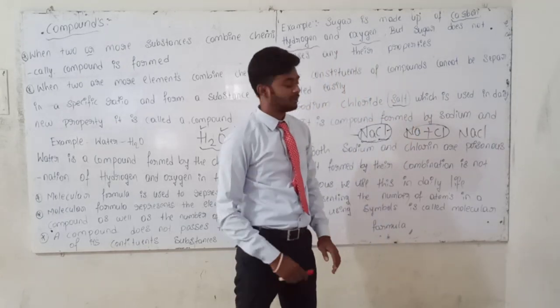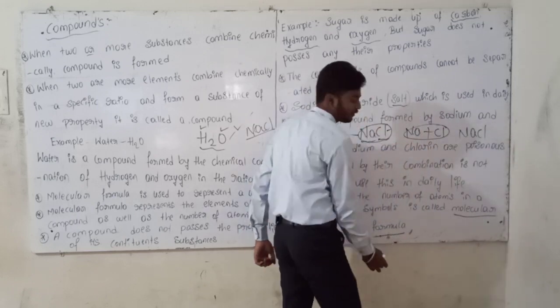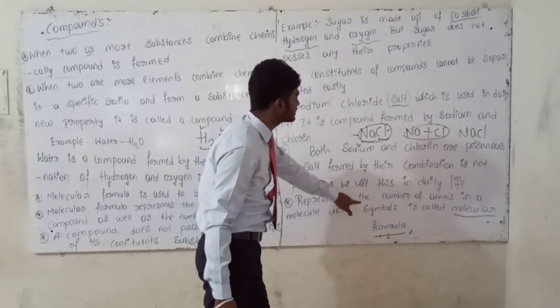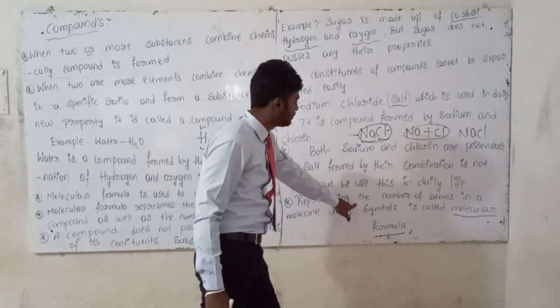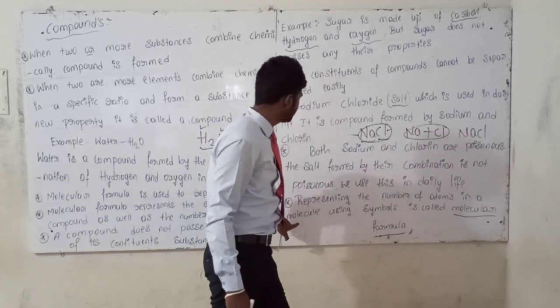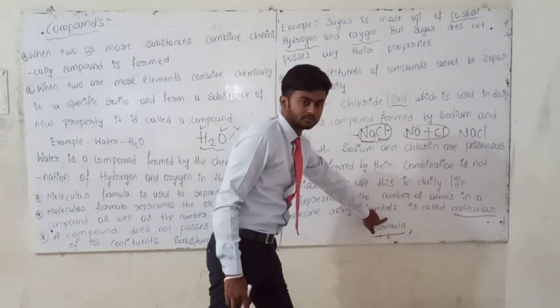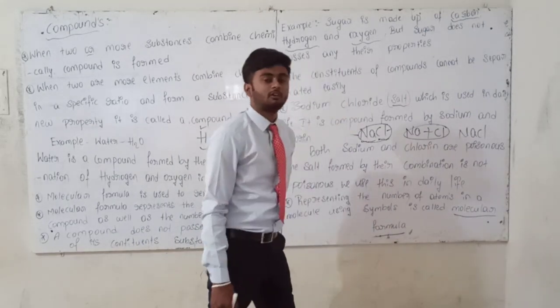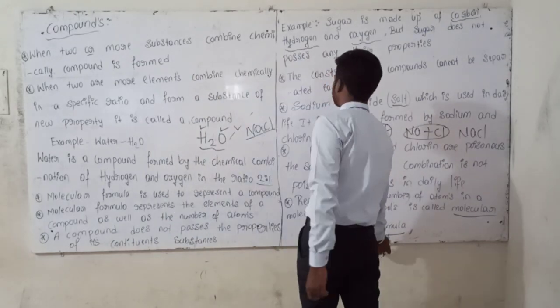It is also very important. What is the molecular formula? Representing the numbers of atoms in the molecule using the symbols is called molecular formula. So molecular formula is a very important question.